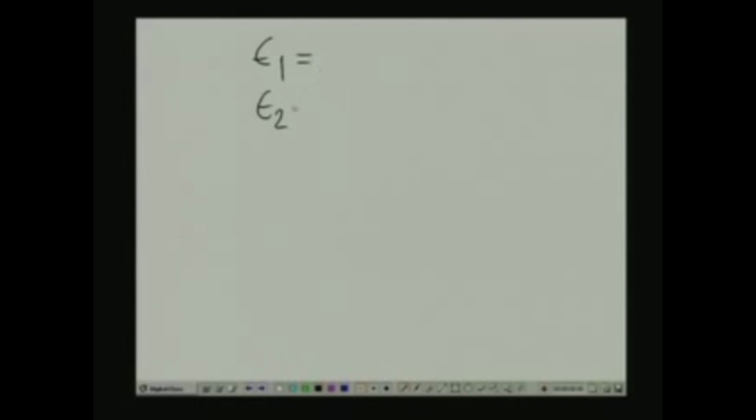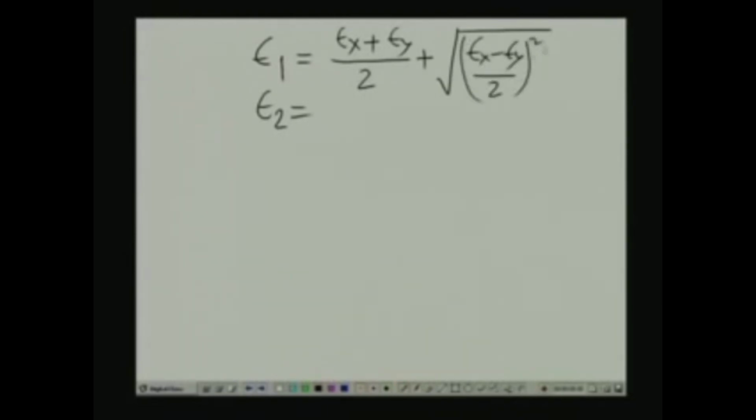This we have seen we can compute as a function of epsilon x, epsilon y and gamma xy, which is epsilon x plus epsilon y by 2 plus root of (epsilon x minus epsilon y by 2) square plus (gamma xy by 2) square. This is the value of maximum principal strain, and the same quantity with minus will give epsilon 2. So, we can evaluate epsilon 1 and epsilon 2 from epsilon x, epsilon y and gamma xy.